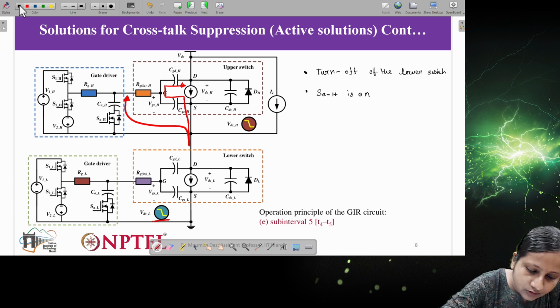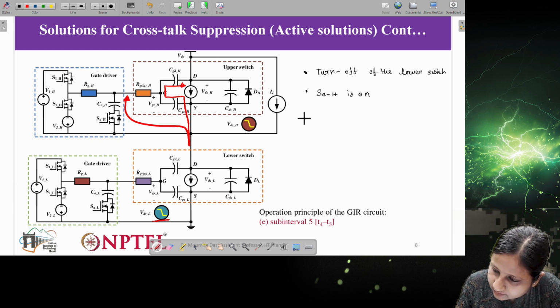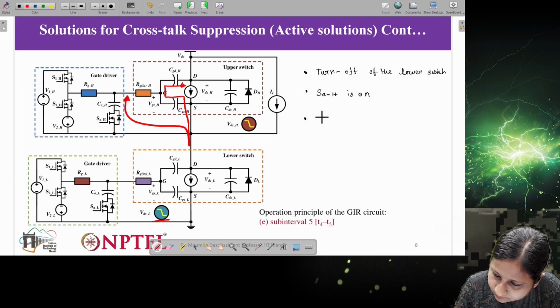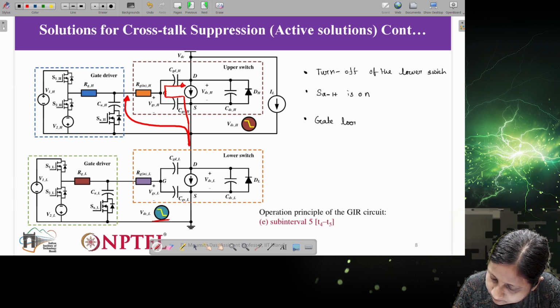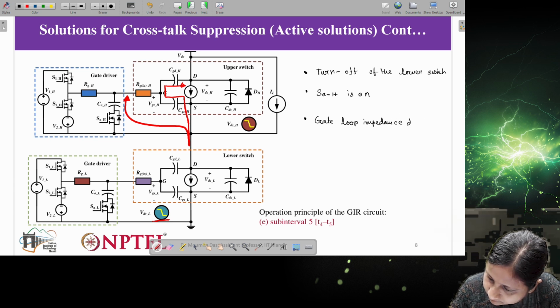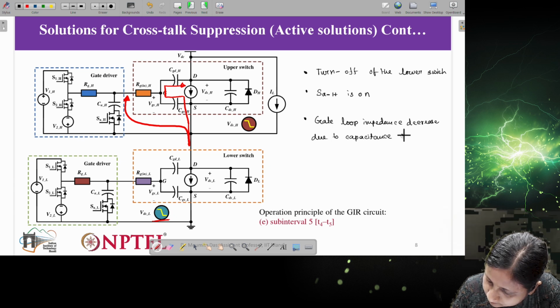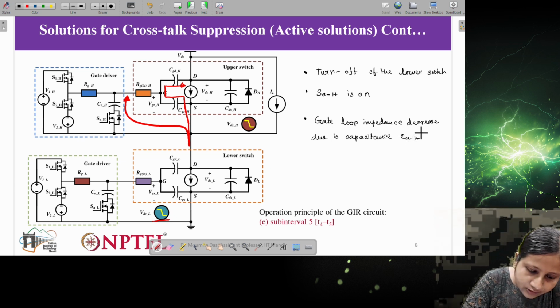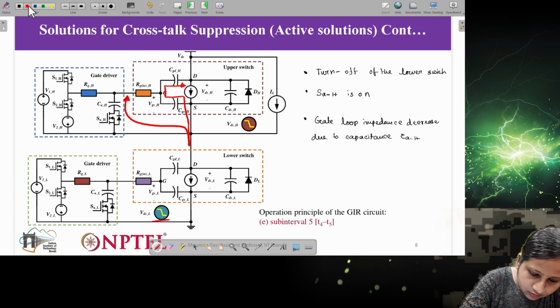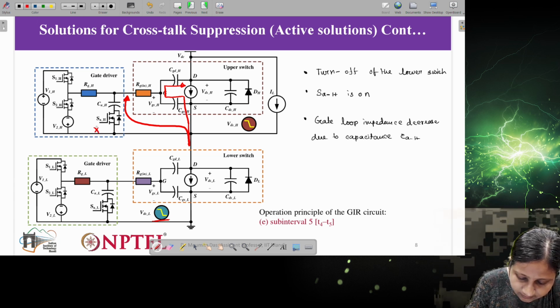So due to this, this particular path current direction will be restricted.